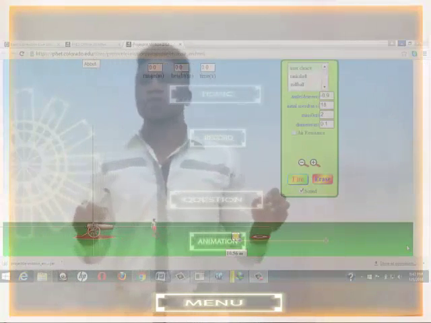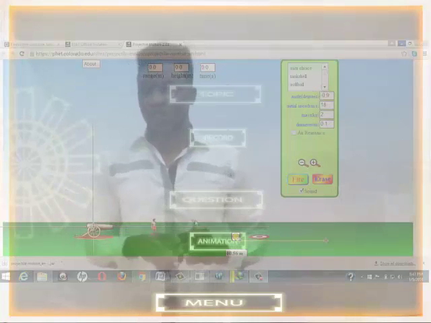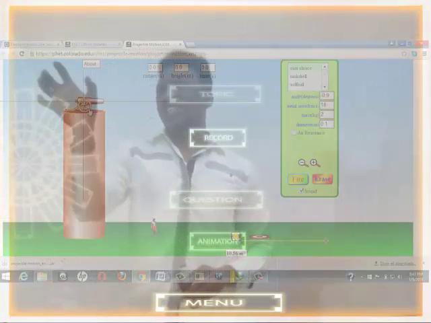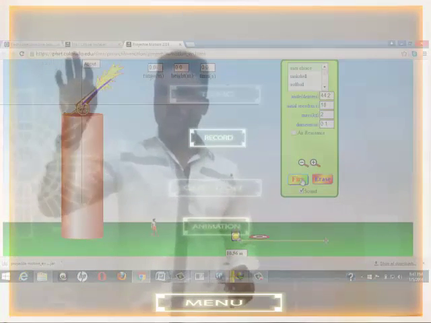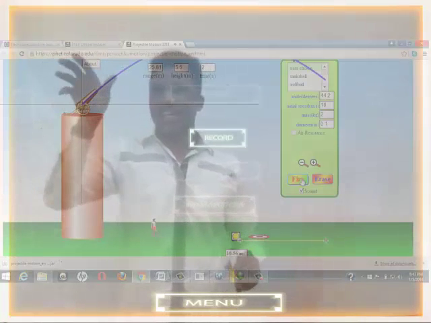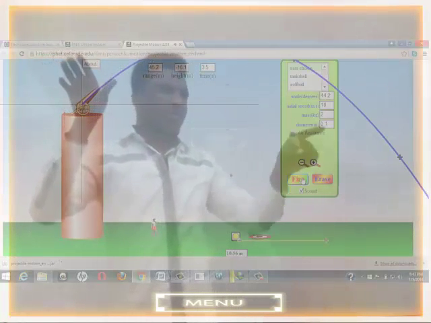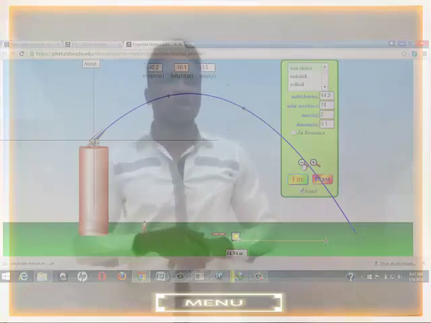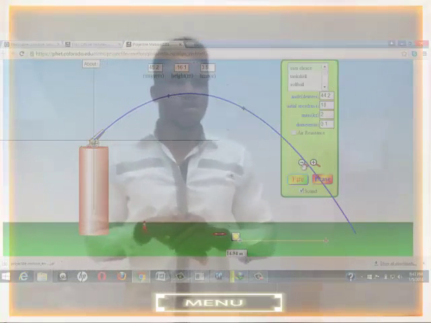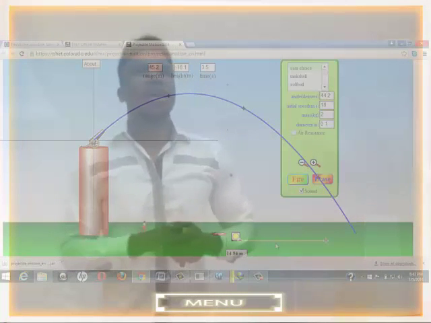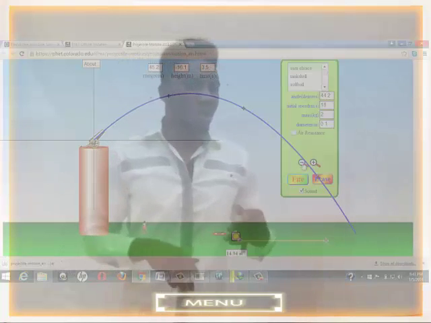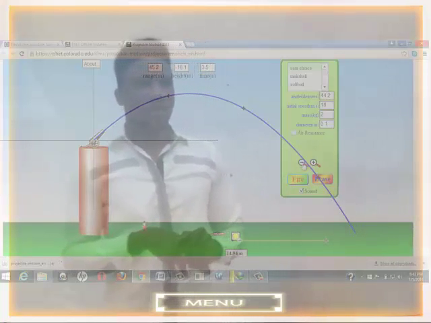Alright, so this is the final type of projectile motion, where we have our height. It's not being shot horizontally, it's shot at an angle. You can see more questions on this type of projectile motion in the material. Lots of questions have been solved there.